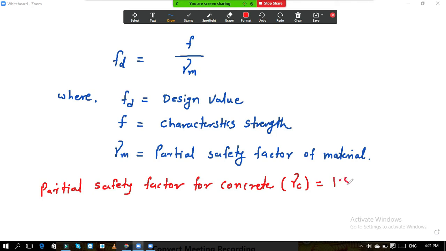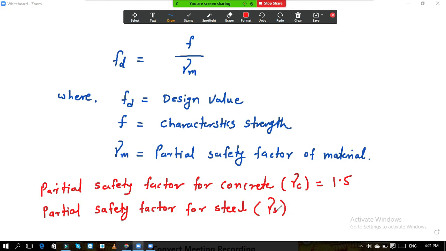Okay, and partial safety factor for steel, the notation is gamma s, which is equal to 1.15.